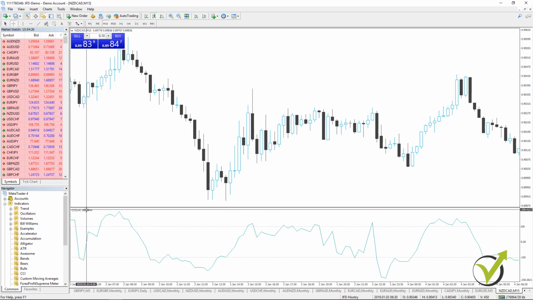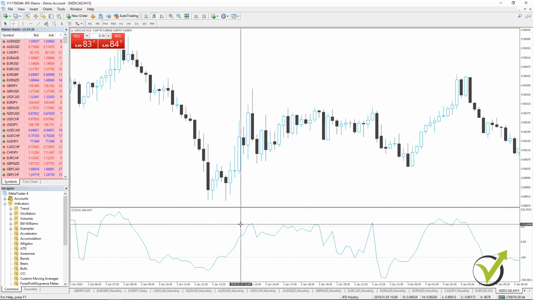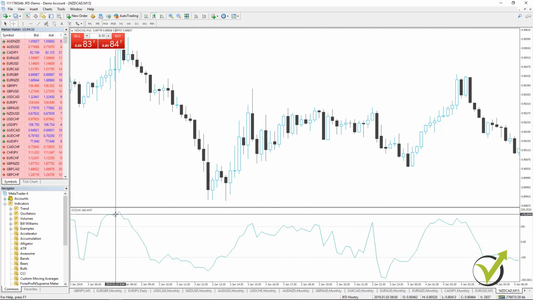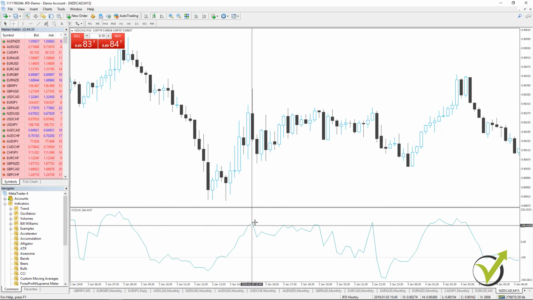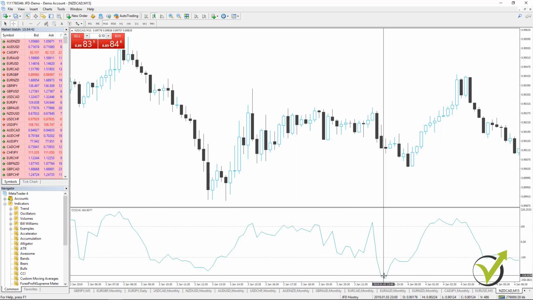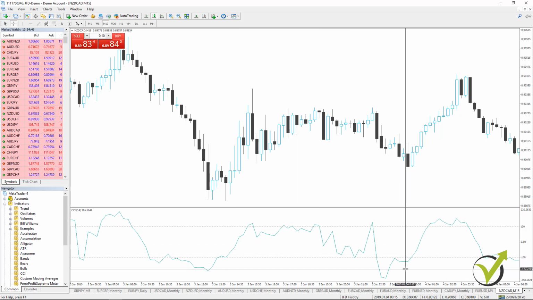And as well, the CCI is used for overbought and oversold situations. So if the line is above the 100, we say the market is overbought. If the line is below the negative 100, we say the market is oversold.